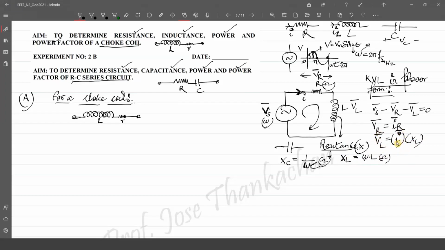But is the voltage of an inductor and the current flowing through the inductor in the same phase? Are they in the same phase? It is not so. Why?